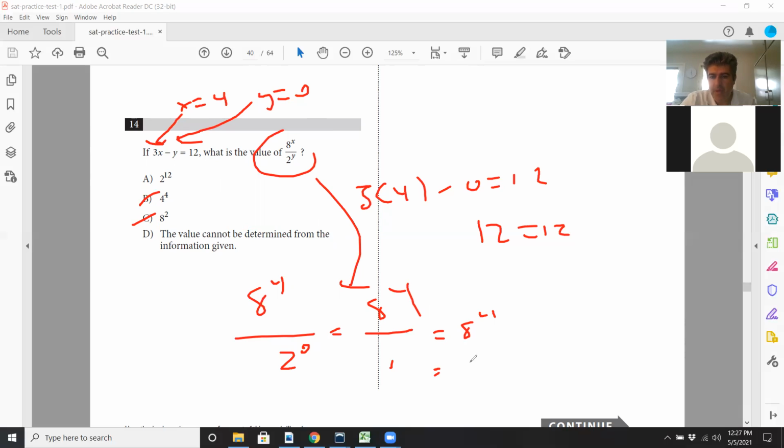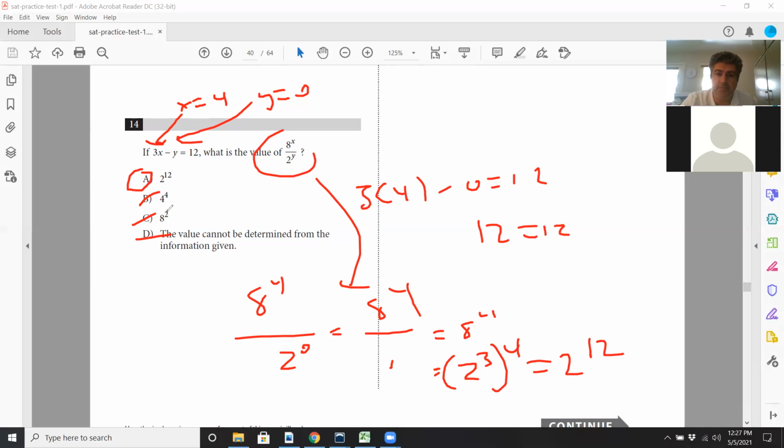It's a little conceptual. 8 hopefully you know is 2 cubed, because 2 times 2 times 2 is 8. And you have a 4 on the outside, you can use your property of exponents by multiplying those exponents. Whenever you raise a power to a power, you multiply the exponents. So it actually matches with A. And that's your answer. So again, I used a substitution strategy. Didn't quite get the answer, but if I did a little manipulation of the base and used my properties of exponents, I got a match.